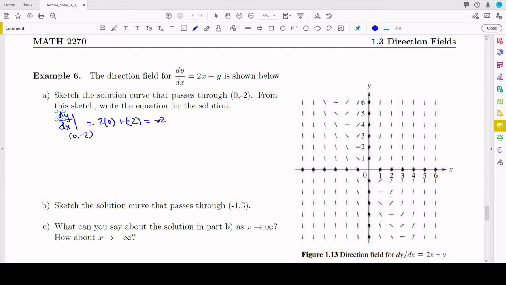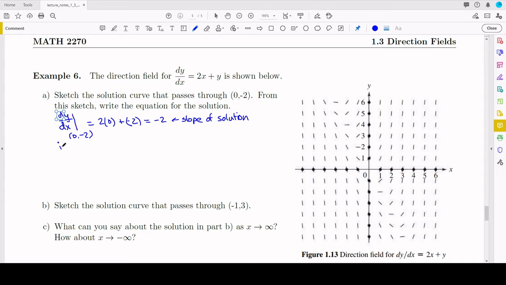And so that's negative 2. So this is the slope of the solution. And that seems to agree with the little direction marker we see over here.